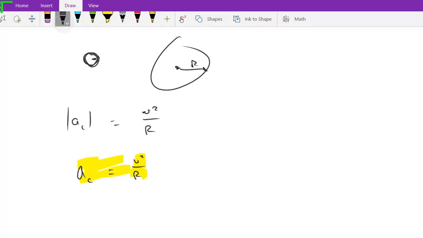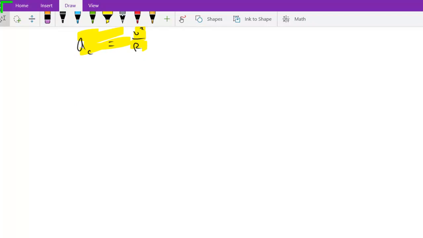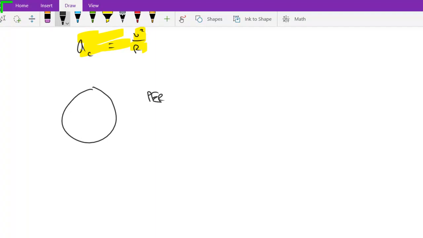But if we have something traveling around in a circle, and we are given the time required for one revolution, which is what we call the period. So the period, which we use a capital T to denote. This is why we use lowercase t for our time in the kinematic equations.